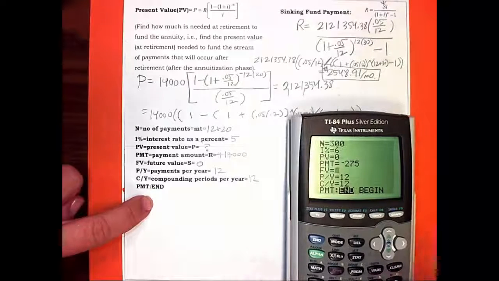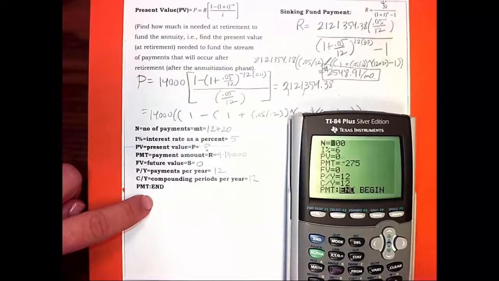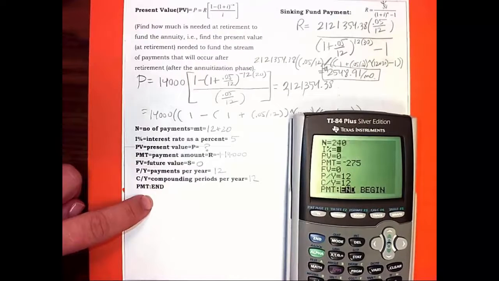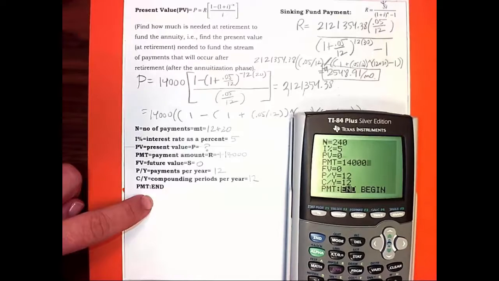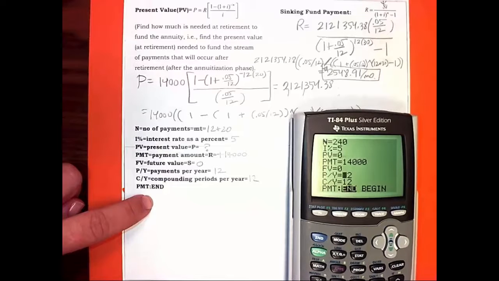So let's see what happens here. So 12 times 20, trying to find present value, positive 14,000, future value of 0, 12, 12, so let's go up to present value.